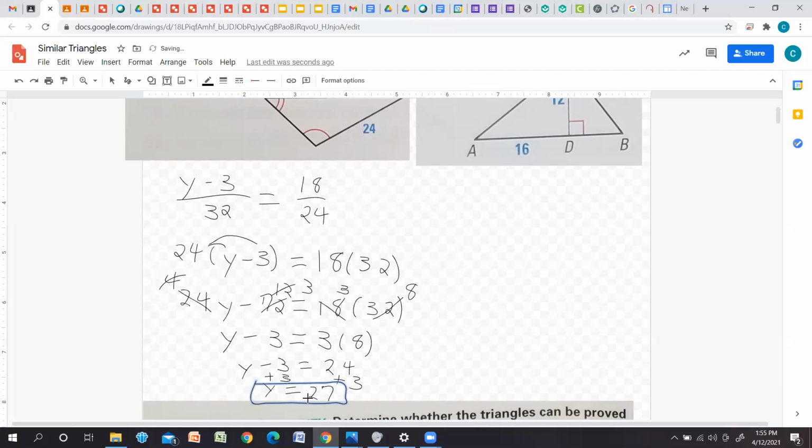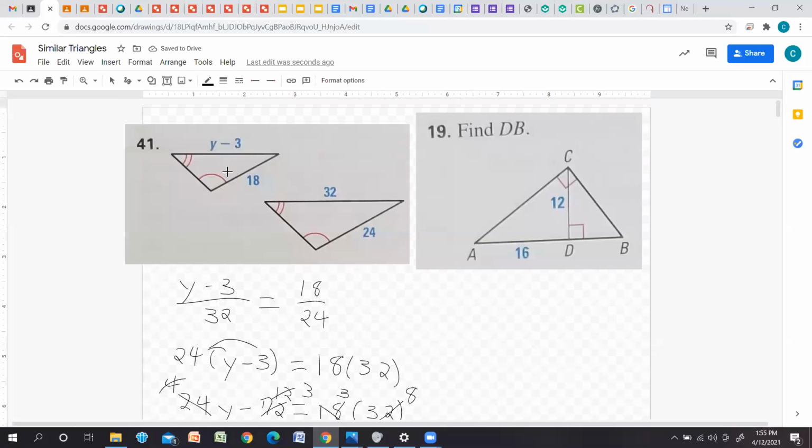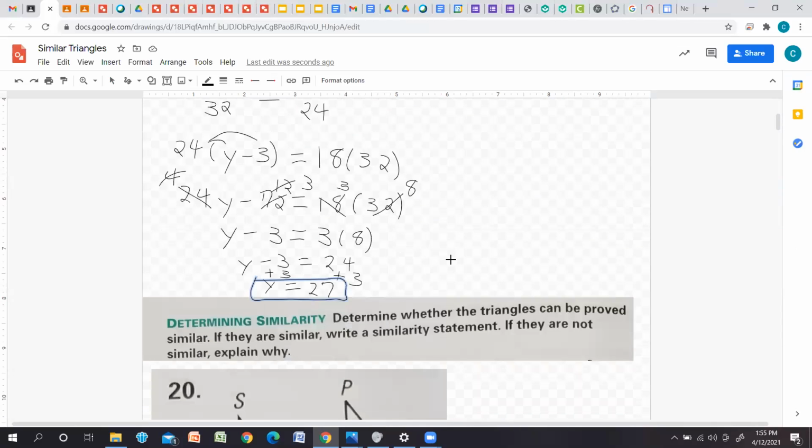Y equals 27. And if we check back up here, that means this side is 24 units across, and that makes sense, right? It's less than this one, and it's about the correct proportion. So just check. For example, if this value was more than 32, that wouldn't make sense because this side of the triangle is less than this side, all right?